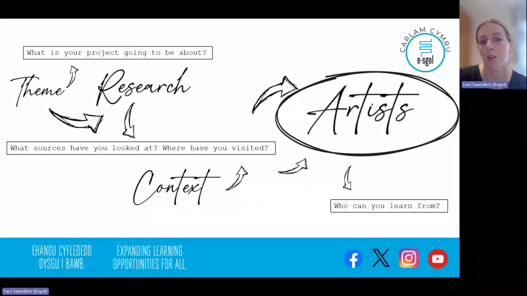So part of putting your work into context is looking at the wider world. Art does not exist in isolation. So professional artists will have been influenced by their own research, and it is really important that you are influenced by other artists and can demonstrate that. And this isn't just a GCSE or A-level way of working.